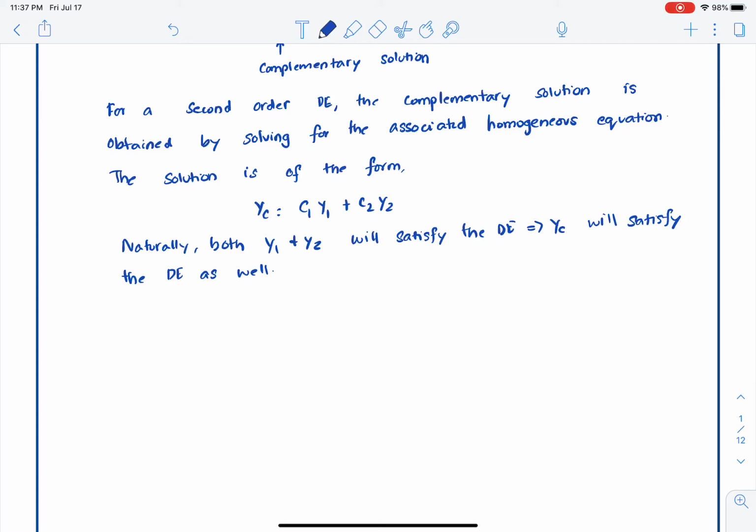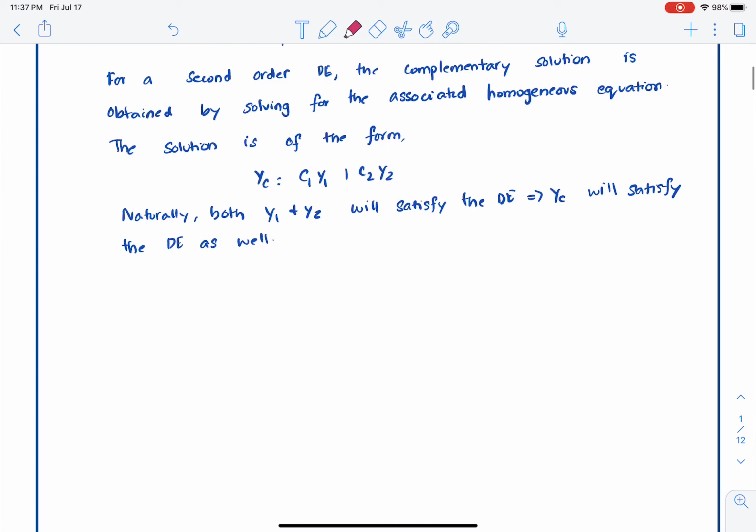That said, when we find the solution, we actually know what y1 is and what y2 is, because we solve the homogeneous equation and we end up getting y1 and y2. Now we're going to make use of y1 and y2, sort of go along the ways of reduction of order and find a particular solution.